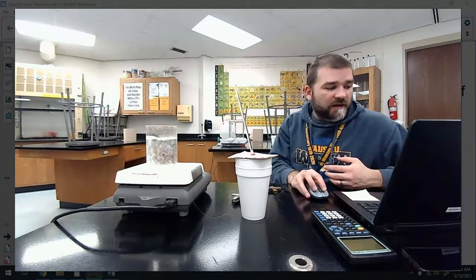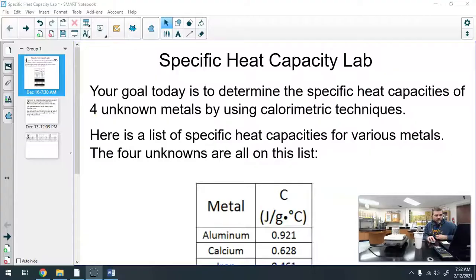And if I know the Q of water, I can then take that value of Q, which is positive for the water half, flip the sign, because it would be negative for the metal, and use the negative value of that heat for my metal equation, which is still Q equals MC delta T.